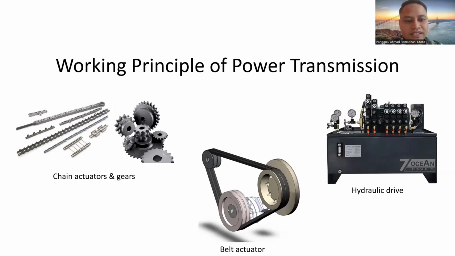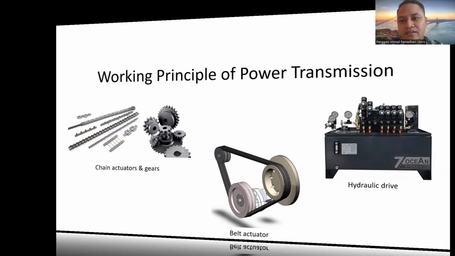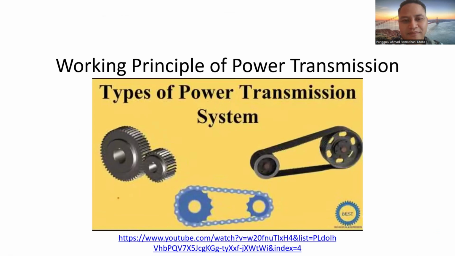The first one is chain actuator and gears, the second one is belt actuator, and the third one is hydraulic drive. For more understanding about power transmission, you need to watch this video and make some resume or conclusion about power transmission.